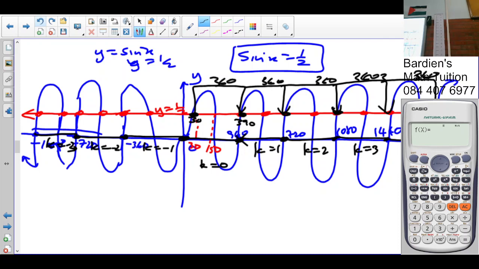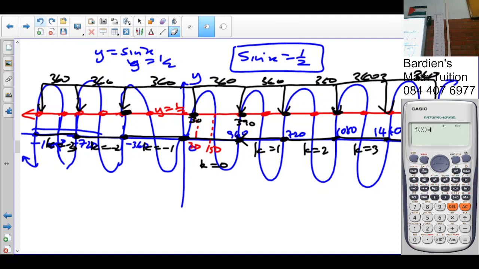If I go in this direction, this point corresponds to that point there. How many degrees is it from there to there? 360. And so on. So in other words, if I must write that in general form, that will be x is equal to 30 degrees plus k times 360, because it happens every 360 degrees.